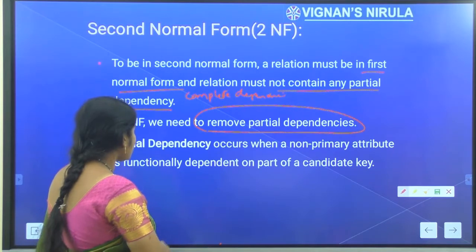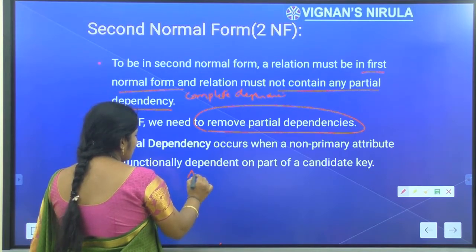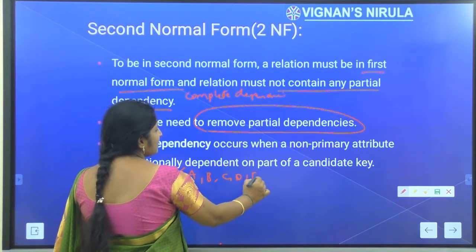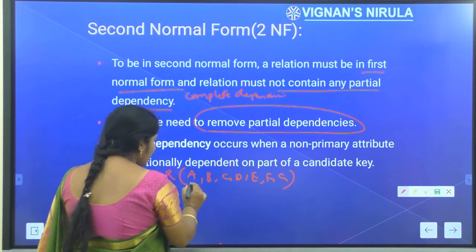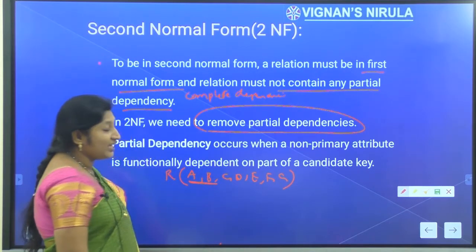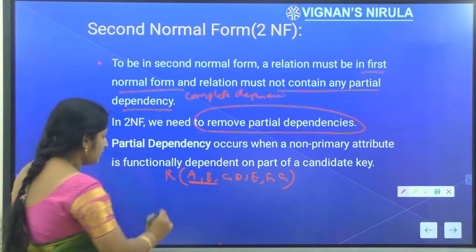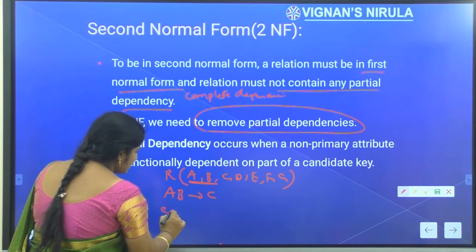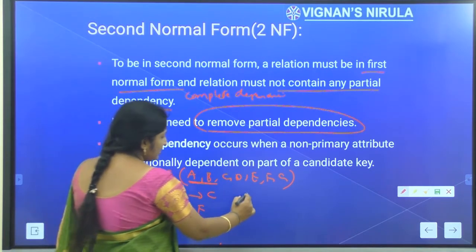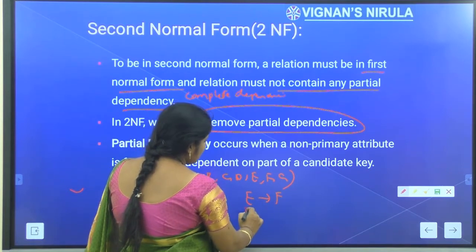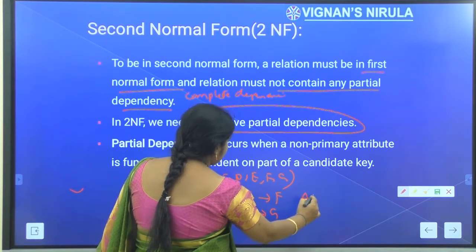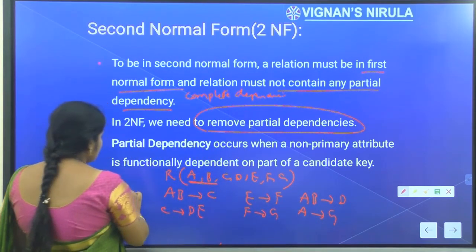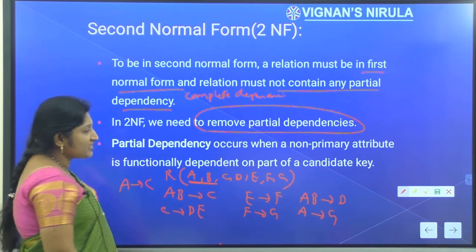For example, if your relation has the attributes A, B, C, D, E, F, G, where AB is the primary key or the candidate key of the relation. Suppose I have the FDs in the format AB implies C, C implies D, E implies F, F implies G, AB implies D, A implies G, A implies C. These are the FDs I have.